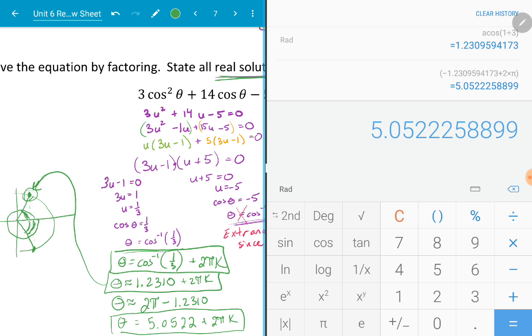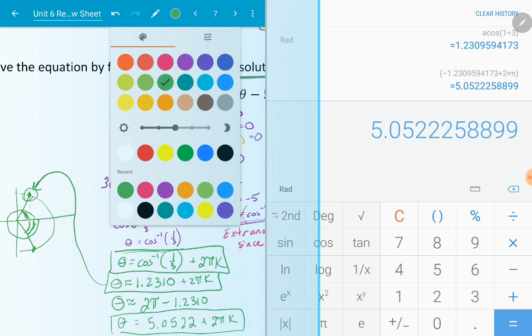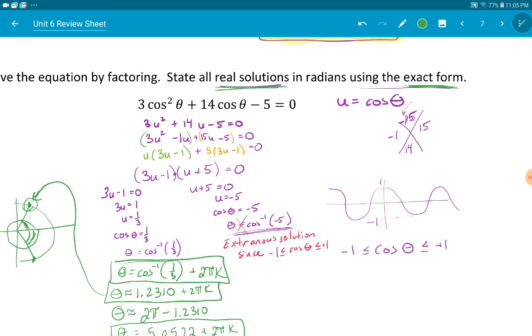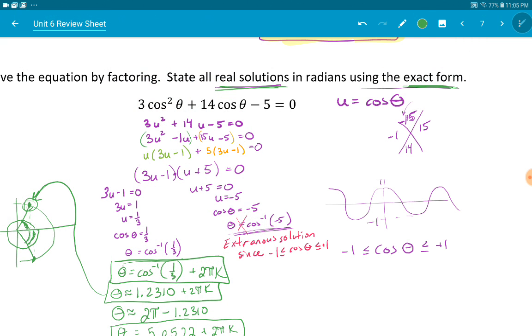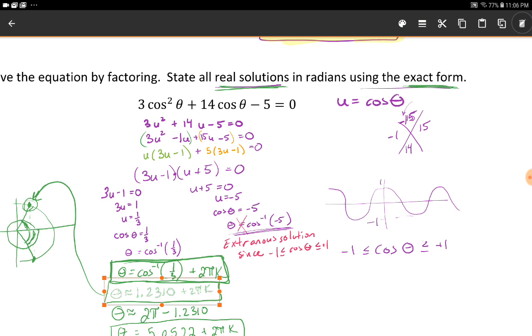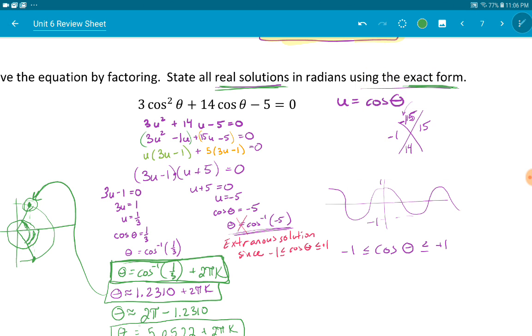So I'm going to do these in a different color. Here, let me get rid of my calculator here. So I'll have my green exact solution here. But I also made note of an estimated value.